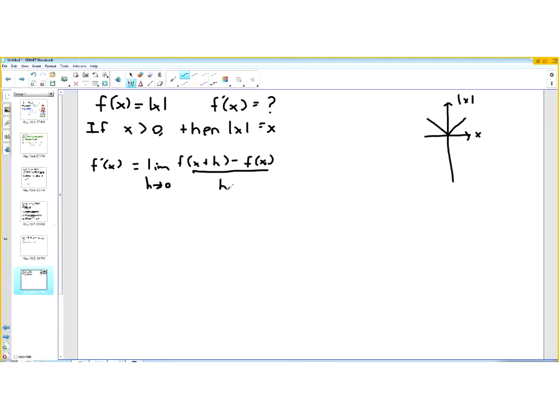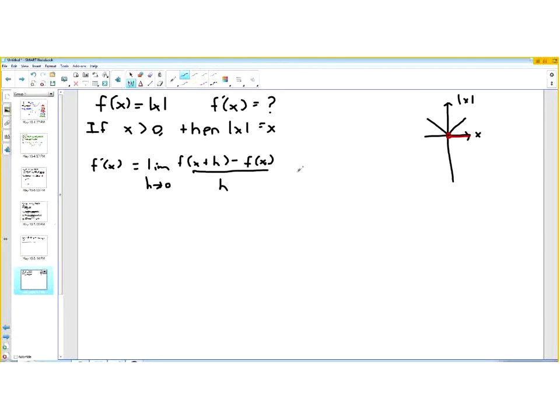Now in this case x is greater than 0, so we're going to confine our derivative calculations to this ray on the x-axis, the positive x-axis shown in red.